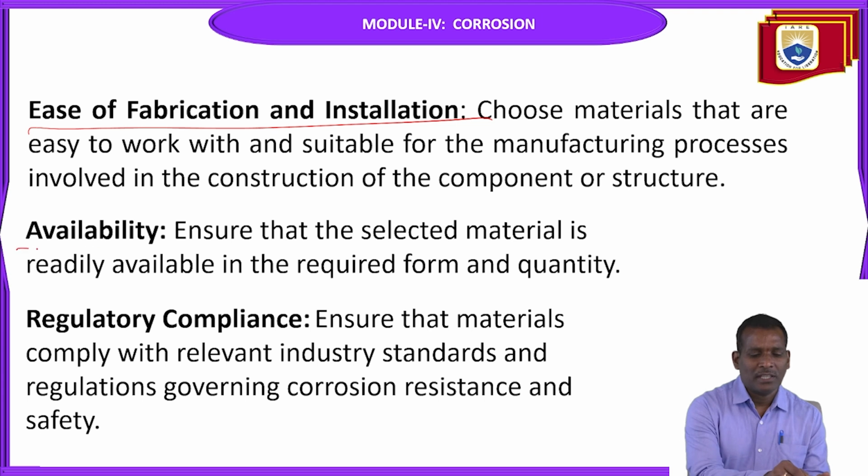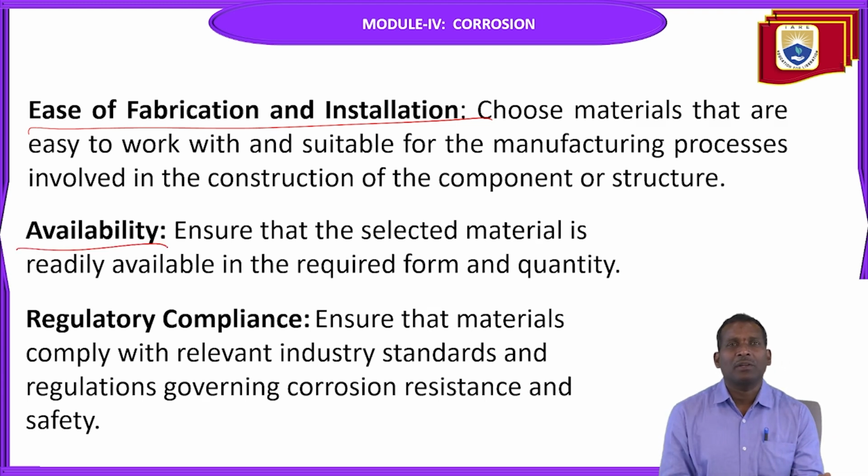And one more thing while selecting the material is availability. Suppose you have selected one material, is that material available or not in the market? So ensure that the selected material is readily available in the required form and quantity.